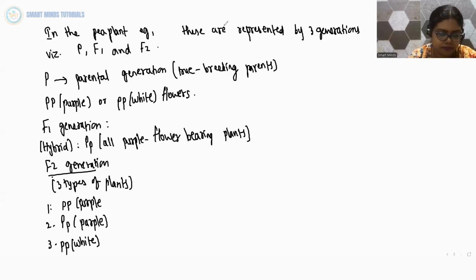So now here you can see the capital P represents the dominant allele for purple flowers, and small p represents the recessive allele for white flowers. So both parental plants were true breeding. That is, one parental plant was homozygous for purple flowers, that is capital P, while the other was homozygous for white flowers, that is small p.